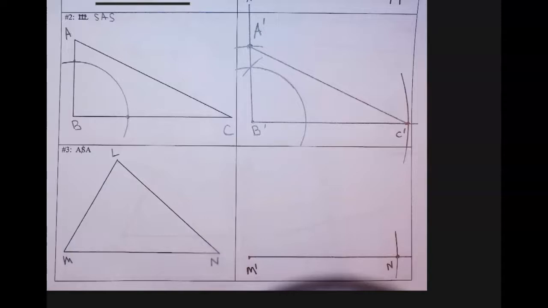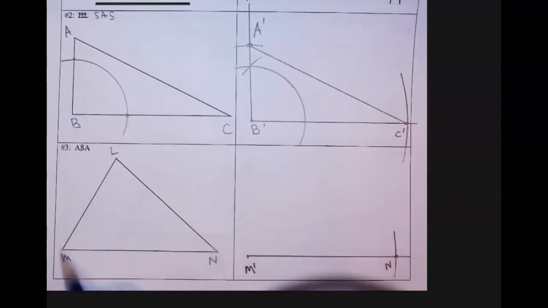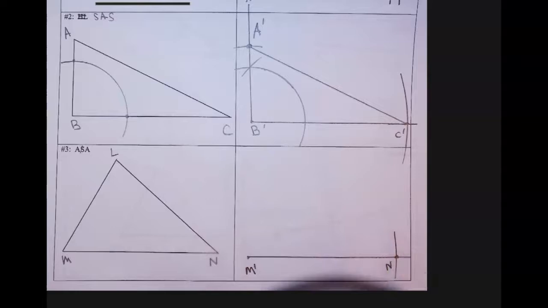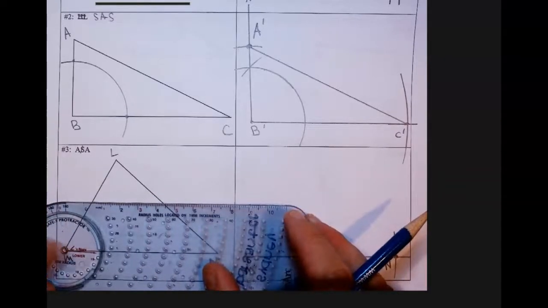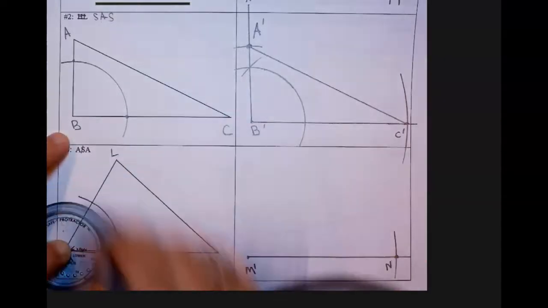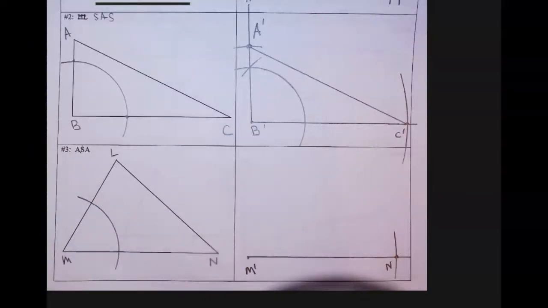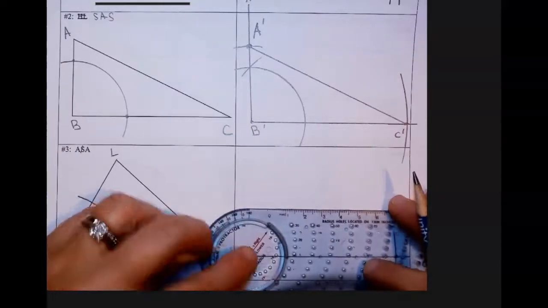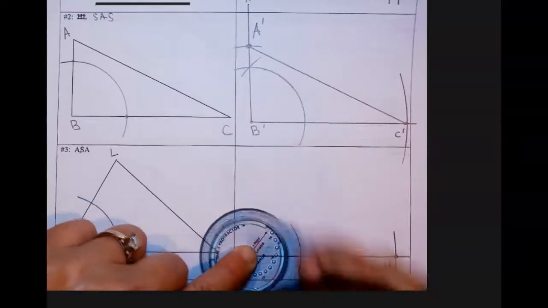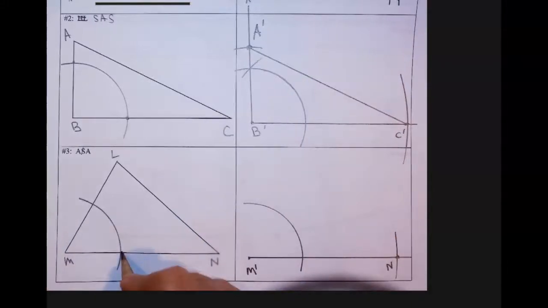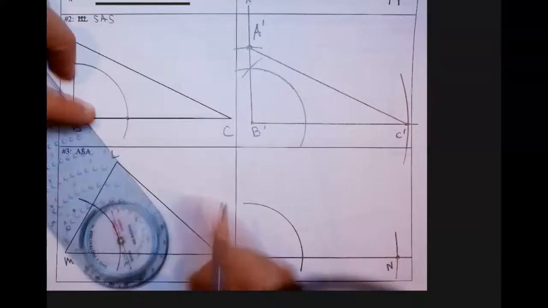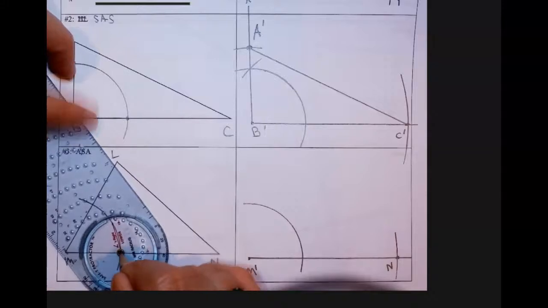Now what we need to do is copy both angles. So I need to copy angle M and place it here, angle N and place it over here. So again, I'm going to make an arc. I'm going to stick with that 30. I'm going to do 30 from here. And I have to measure the opening from here to here. Let's go back and do that.